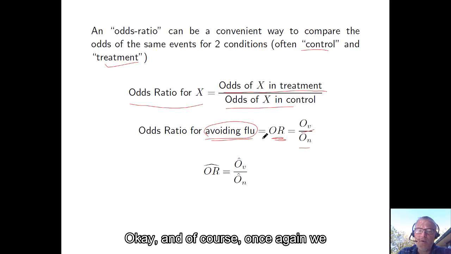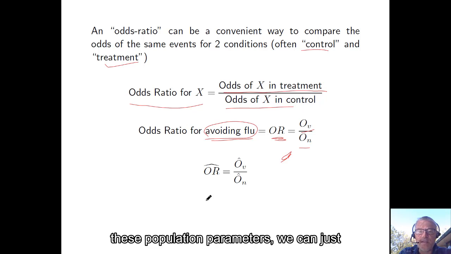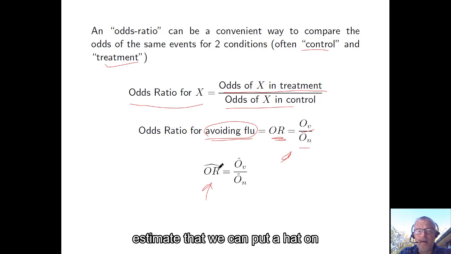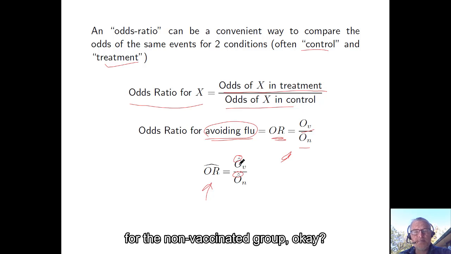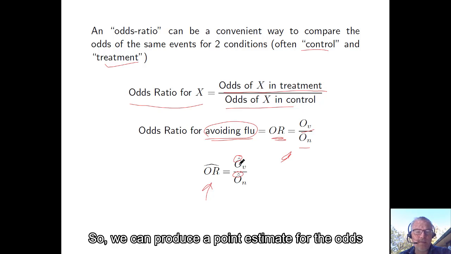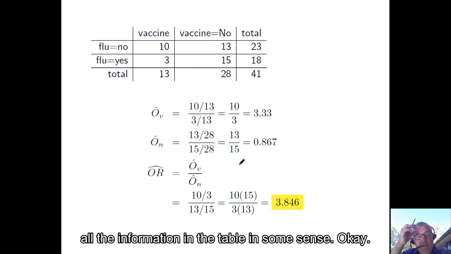Okay. And of course, once again, we have the problem we always run into in stats. We don't know these population parameters. We can just estimate that. We can put a hat on OR by using the estimate of the odds for the vaccinated group and the estimate of the odds for the non-vaccinated group. Okay, so we can produce a point estimate for the odds ratio that's going to summarize all the information in the table in some sense.